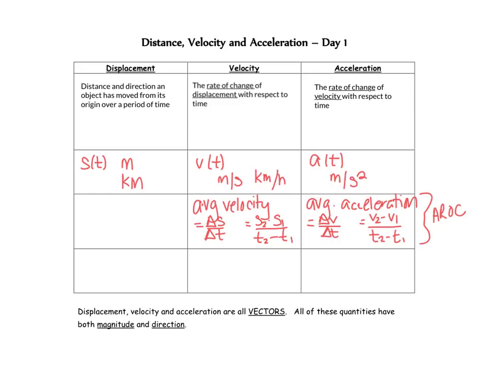Our velocity we know is v at t, and we also know that this is the derivative of s at t. So that would be our velocity at a particular time.